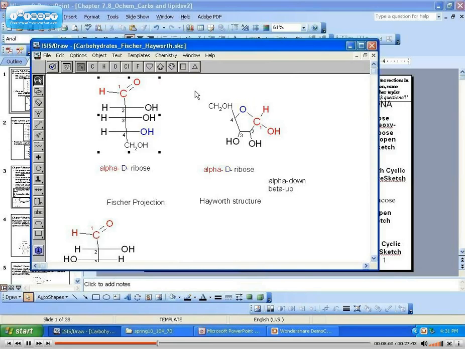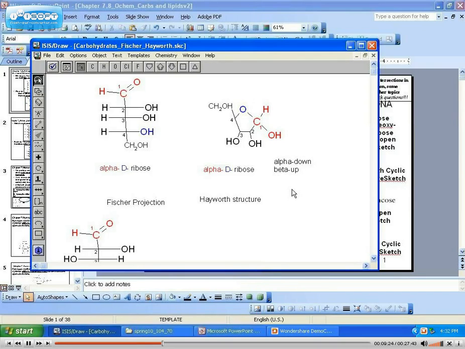And in the heterocyclic form, what we call the Haworth structure, the Haworth structure, you can see the alpha on the chiral carbon, which is in red, and because it's facing down, it's alpha.